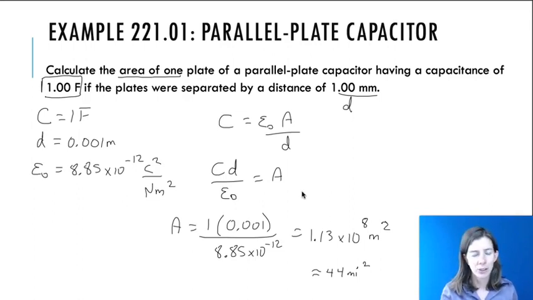So yes, we did it correctly, but a capacitance of 1 farad is not going to be a reasonable number for a parallel plate capacitor. We're usually going to see capacitances in microfarad, or even picofarad or nanofarad, but we don't usually see farads if we're dealing with this type of capacitor.